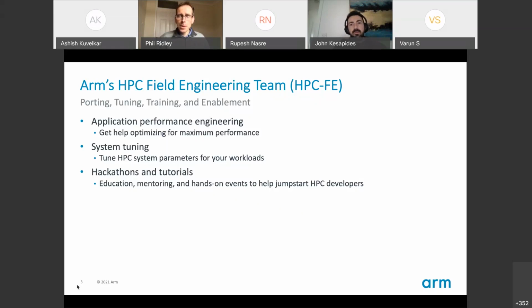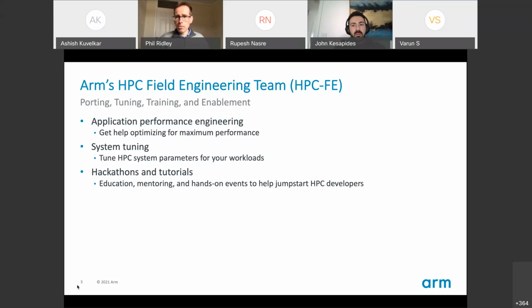Thanks. So as Professor Rupesh mentioned when he introduced me, my name is Phil Ridley. I'm part of a small team who form part of ARM's overall involvement with HPC. What we do basically is we help users of ARM-based HPC architecture, and that can mean anything from talks like this, or going to events, hackathons, or even if an individual user has an issue with an application, we can look at it.